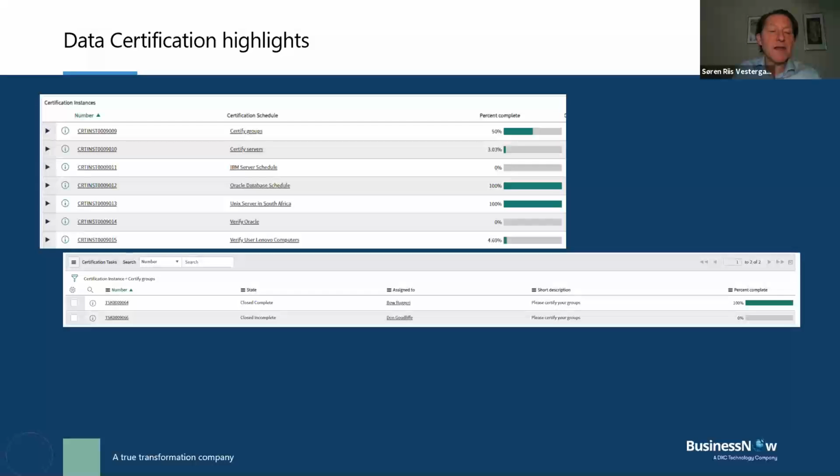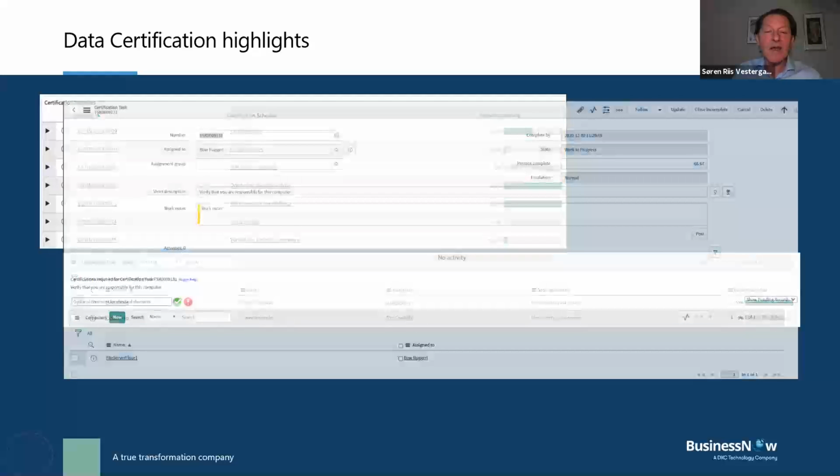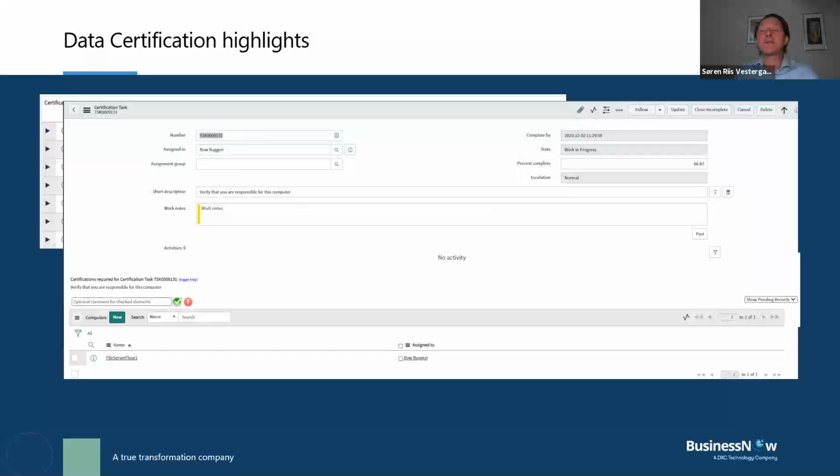So based on that, you can send out tasks to different people and they will have to act upon this. And you don't have to ask them to certify all attributes, all fields in a certain table. Here we have a server certification task where we only want to ensure that the servers are assigned to the correct persons.